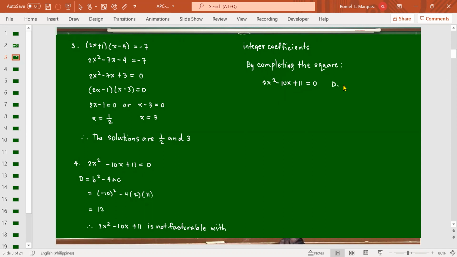So divide by what? By 2. So getting x squared minus 5x plus 11 over 2 equal to 0.